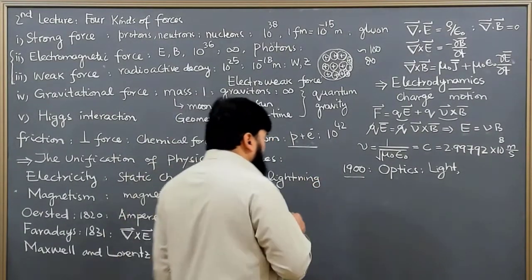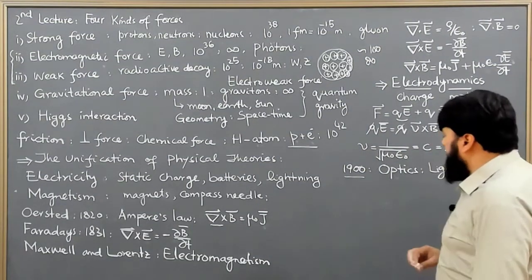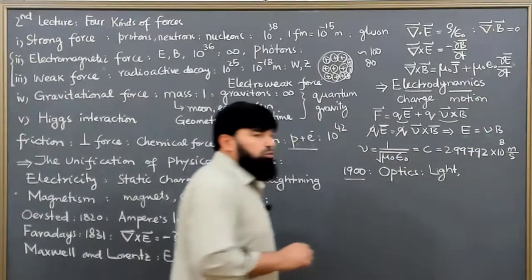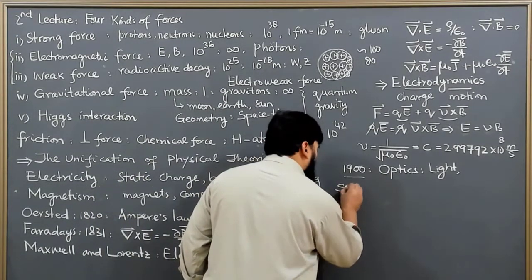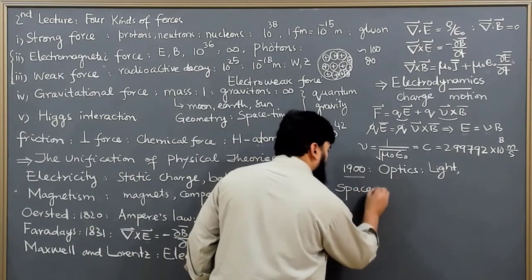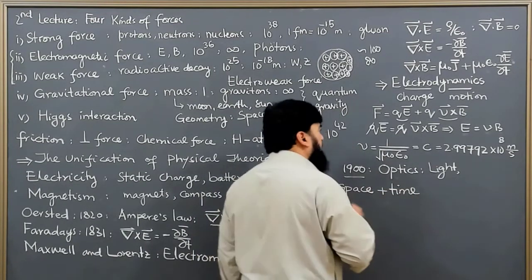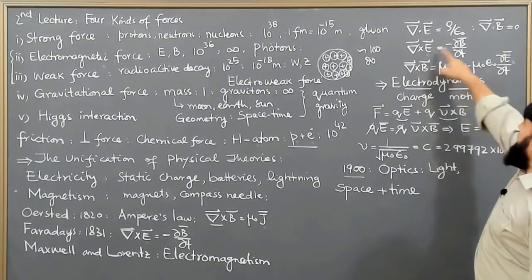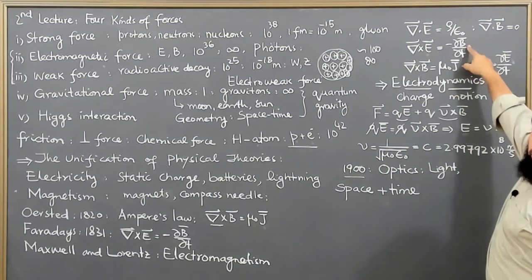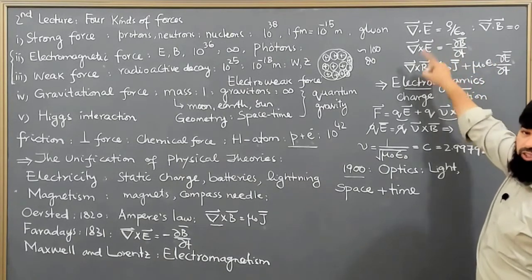So one thing which is evident from the Maxwell equations, from which Einstein started, is the concept of space and time. Look here: variation in space and generation in time, or variation in time and generation in space. So two different things.